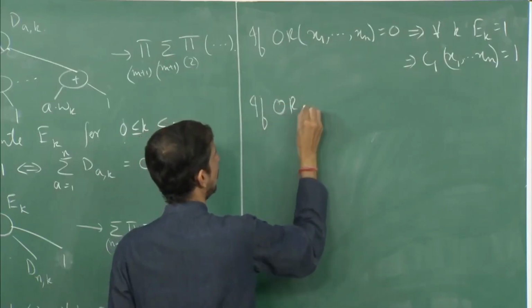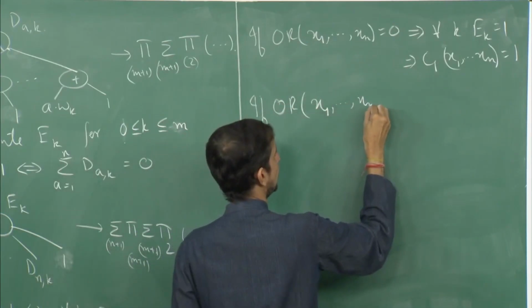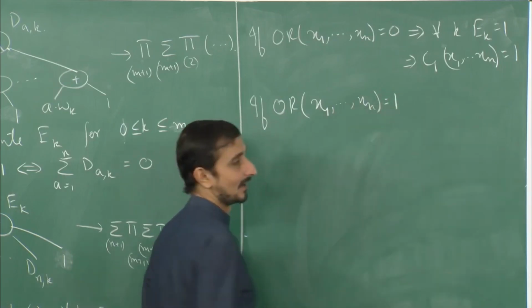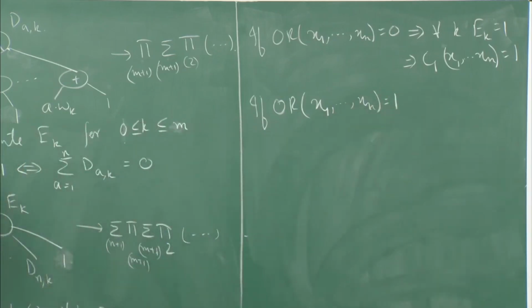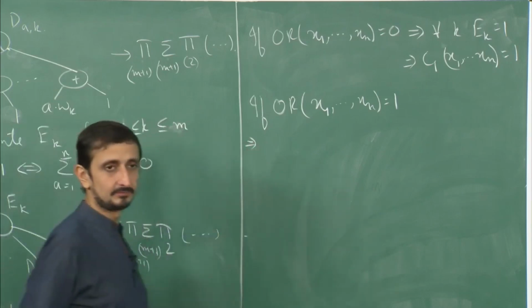If OR of x1 up to xn is equal to 1, then what do we have?